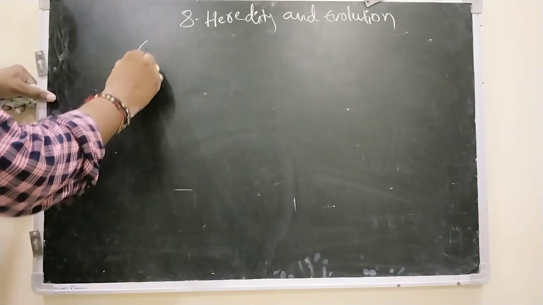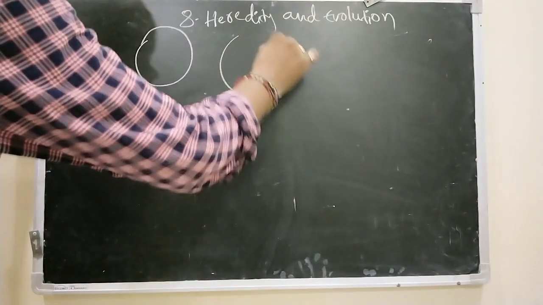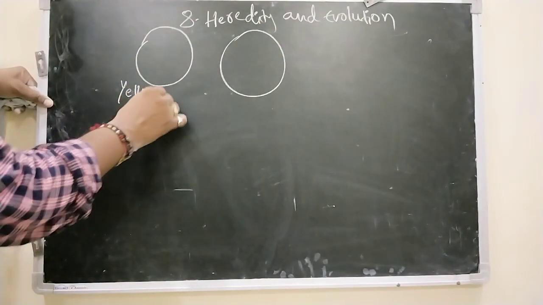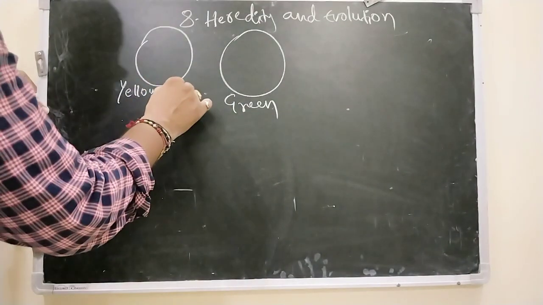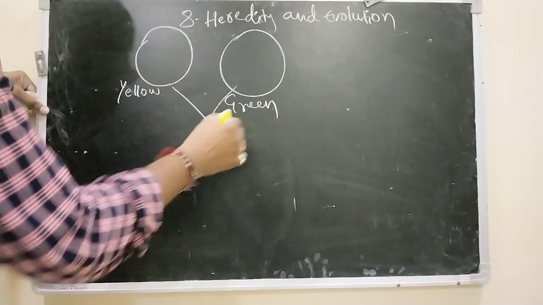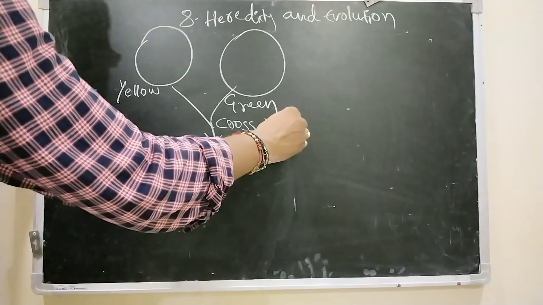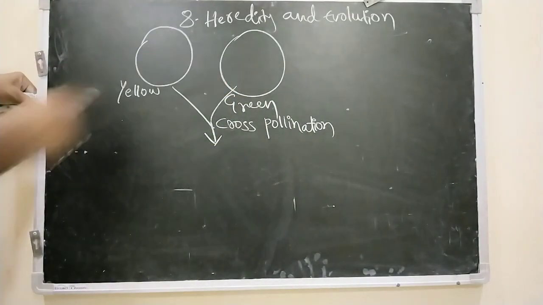For example, this is the yellow color seed, this is the green color seed. He performed cross-pollination between the yellow color seed producing plant and the green color seed producing plant.